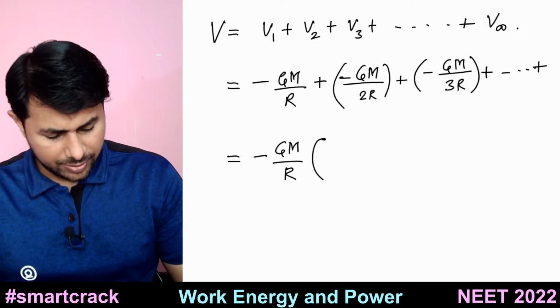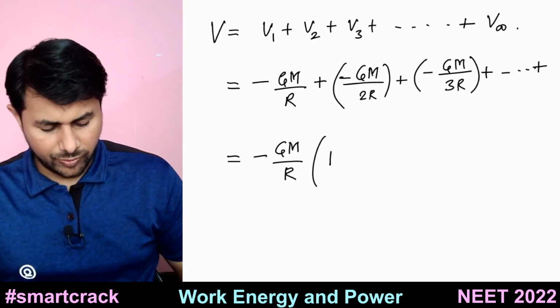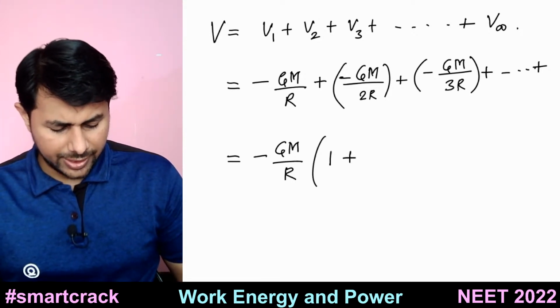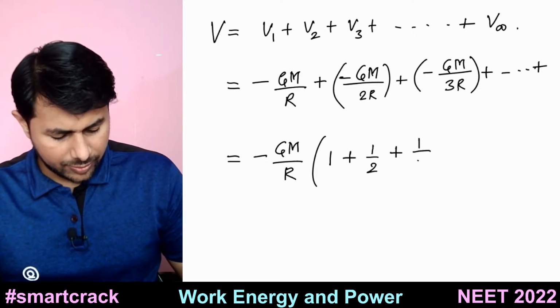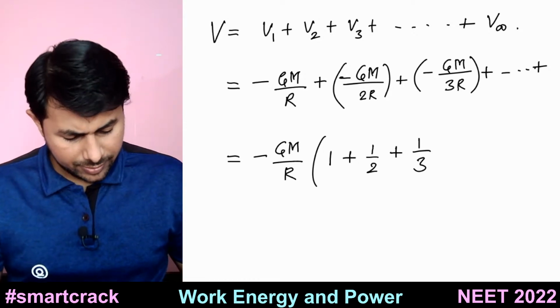So from the first term we have 1, from the second term we have half, from the third term we have 1 by 3.